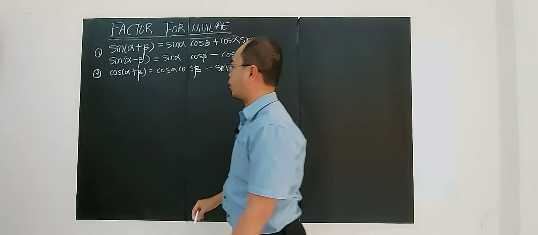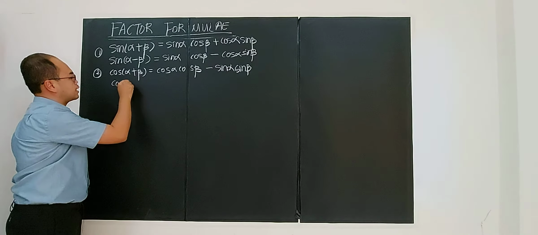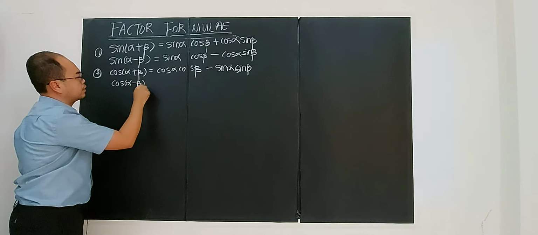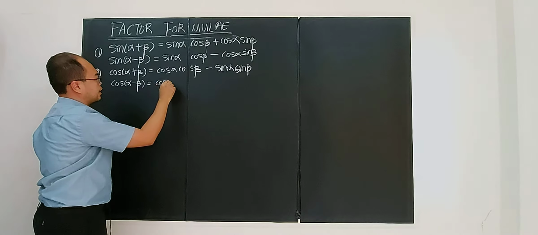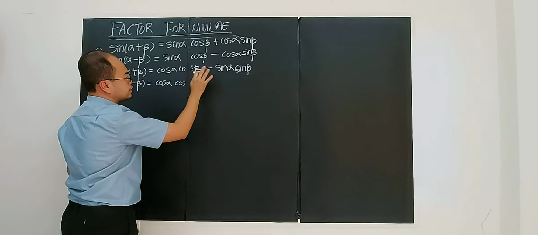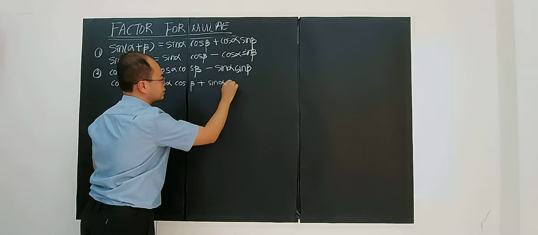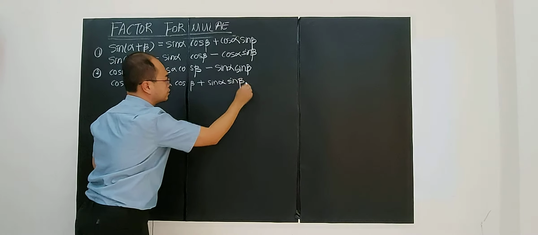Alright, this is the compound angle formula for cos. And if you have cos alpha minus beta, you will have cos alpha cos beta, same thing, just the sign here. If negative, this will be positive, sine alpha sine beta.